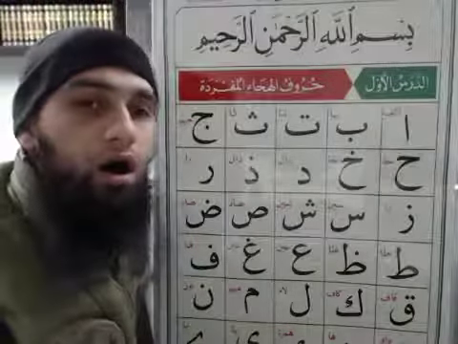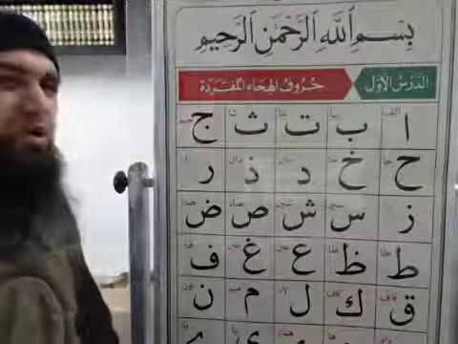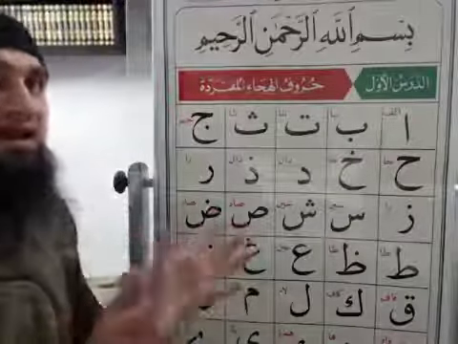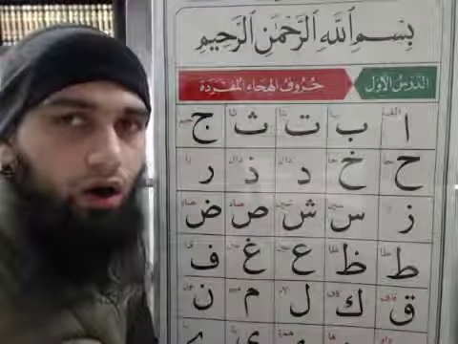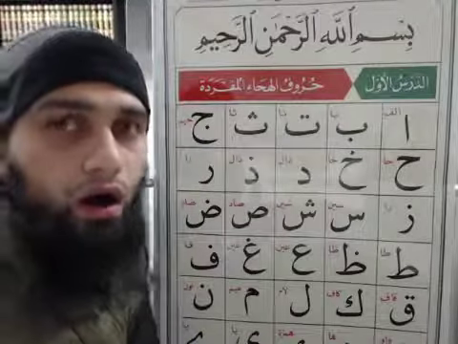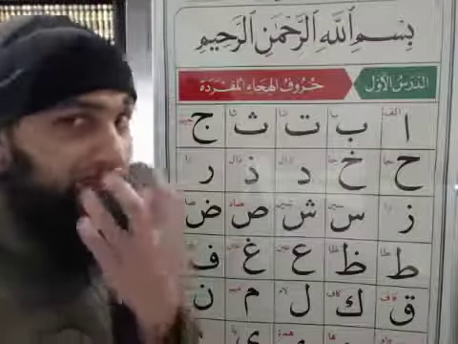Look, dry part of the throat. Ends with alif. Make it long, but it's heavy sound, not light. Kha, kha, kha, kha, kha. You see how I'm keeping the sound inside the mouth? It's heavy.